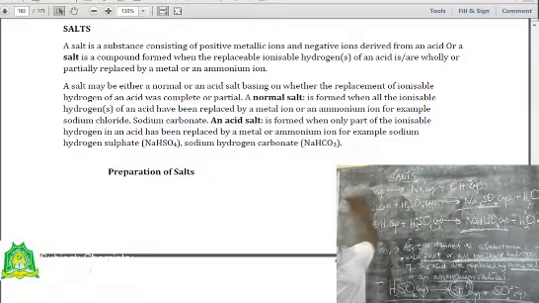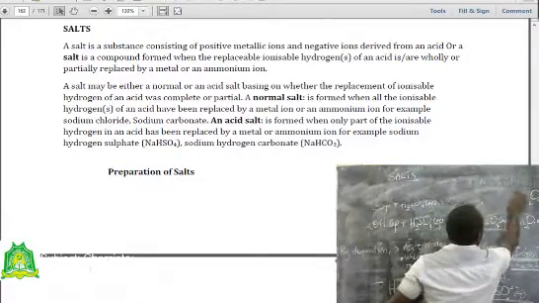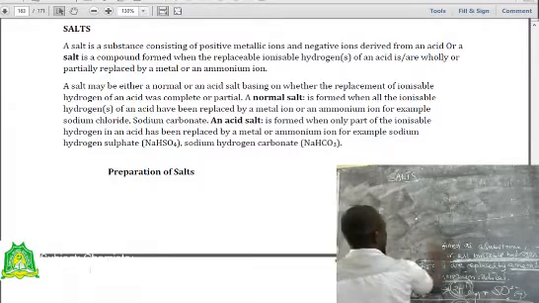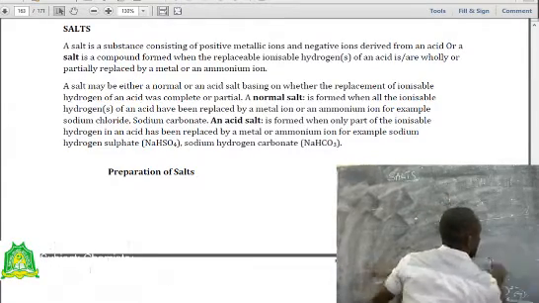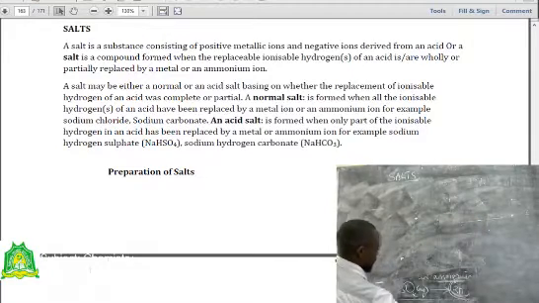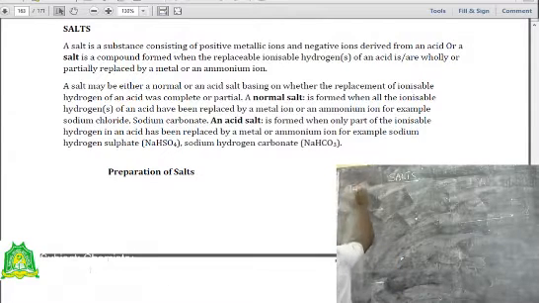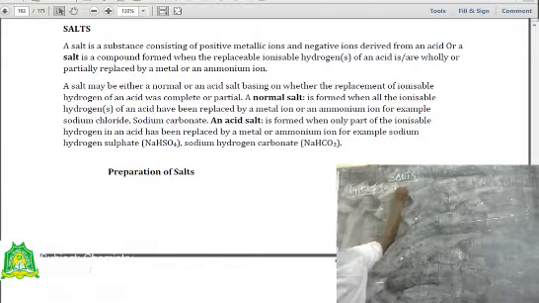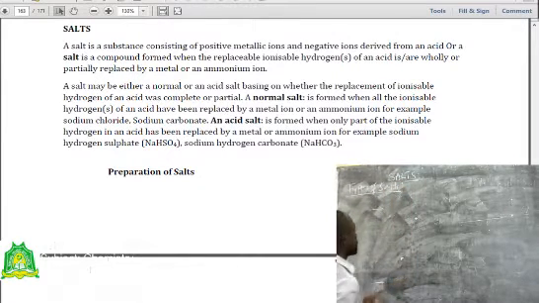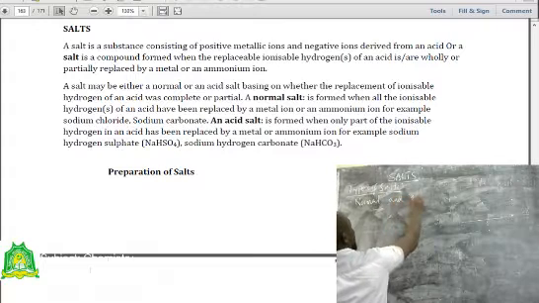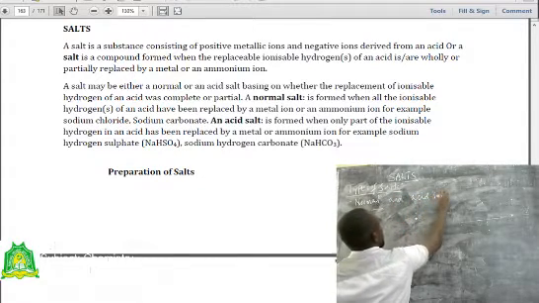The types of salts. Under the types of salts, we have what we call the normal and acidic salts.